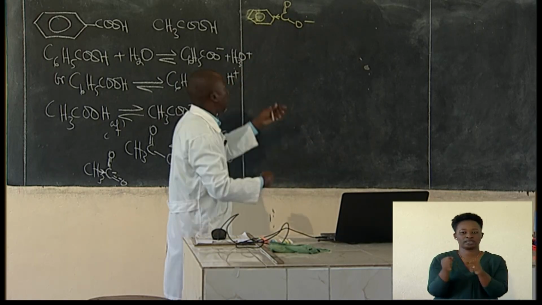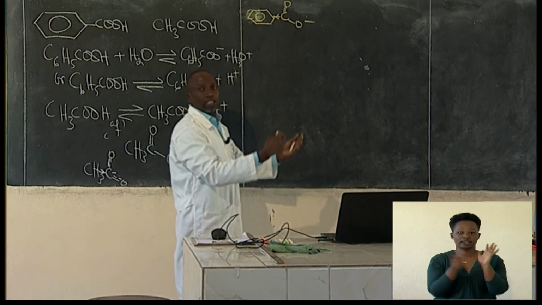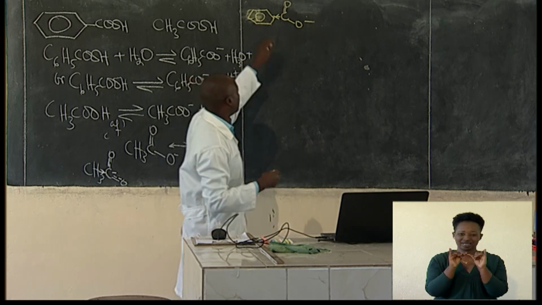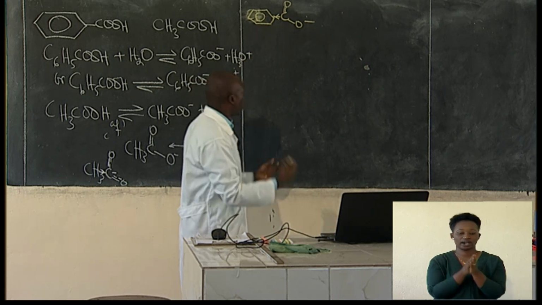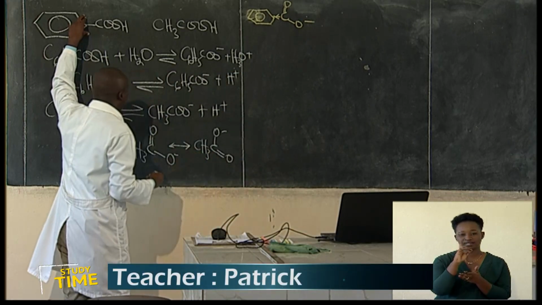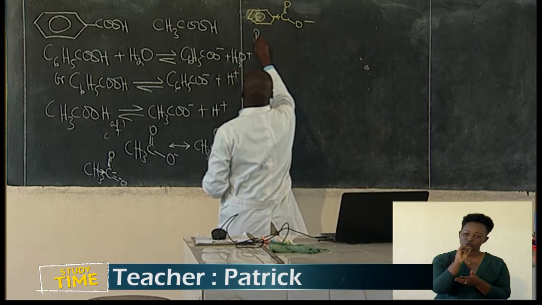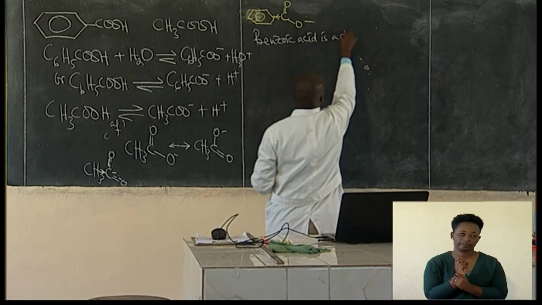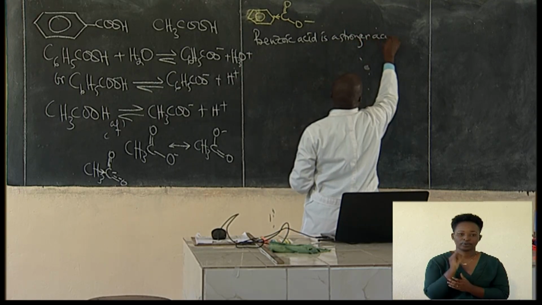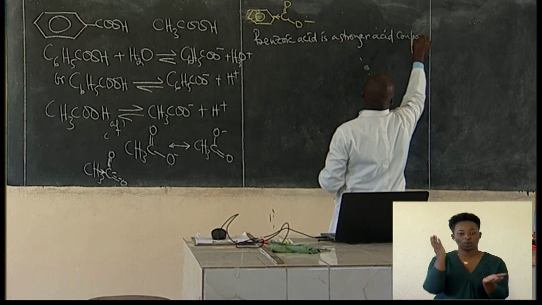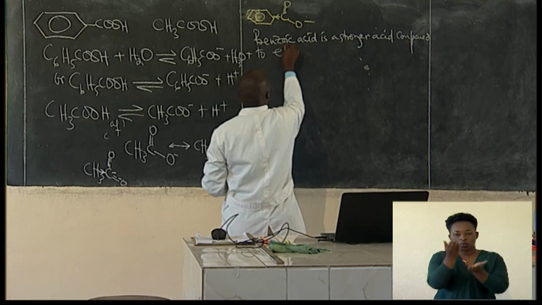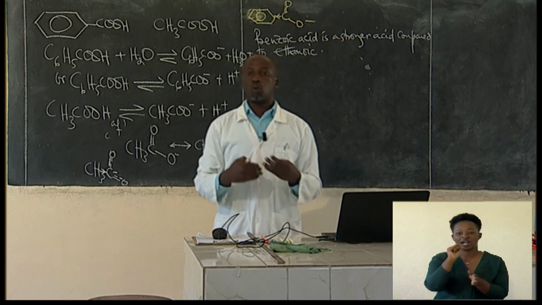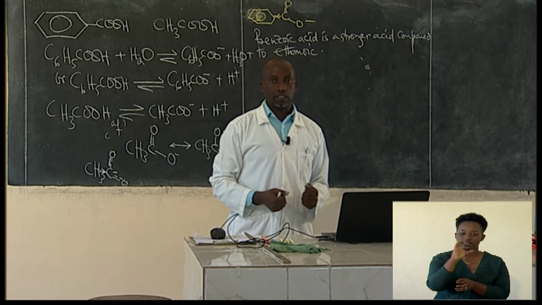Because of the overlap of the orbitals, this negative charge enters the benzene ring, and therefore stabilizes the negative charge and makes it more acidic. So benzoic acid is a stronger acid compared to ethanoic acid. In general, aromatic acids are stronger than aliphatic acids.